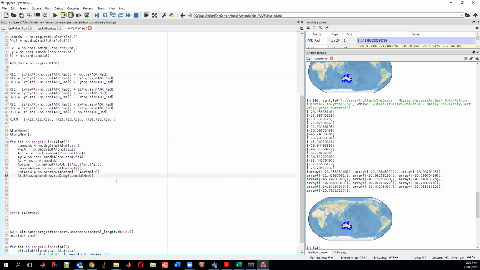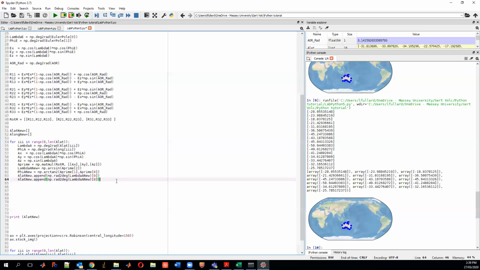I'm just going to add this little 0 in here, and I'll tell you why soon. But first, I'll also convert the longitudinal data, phi of A nu, and this is long.